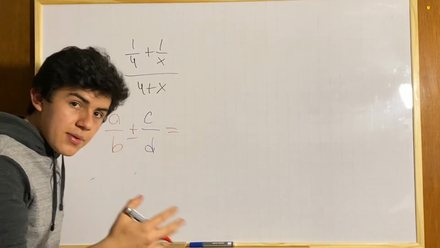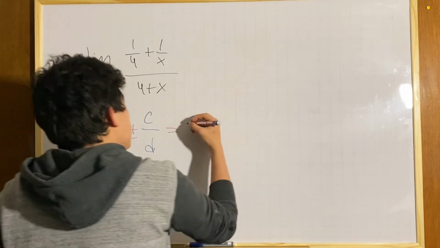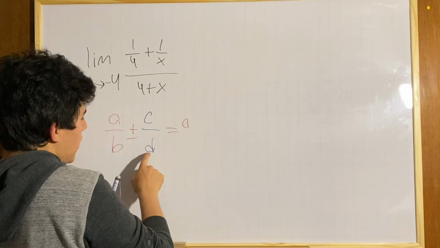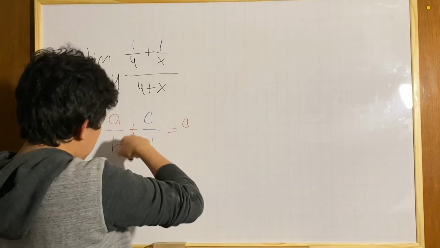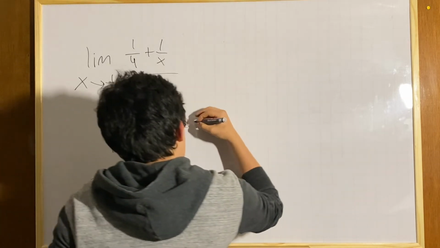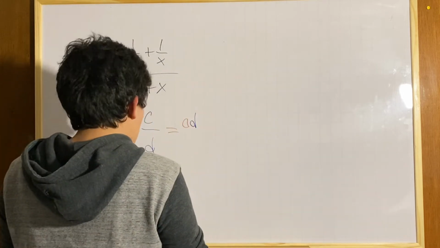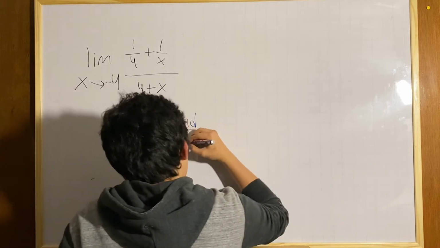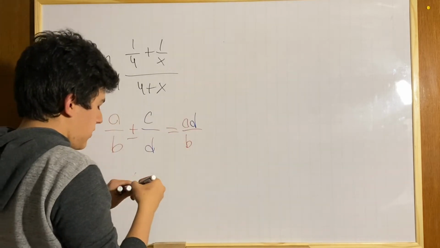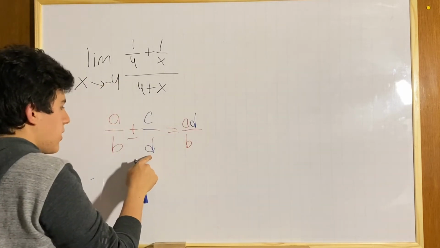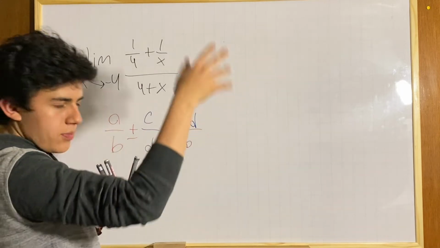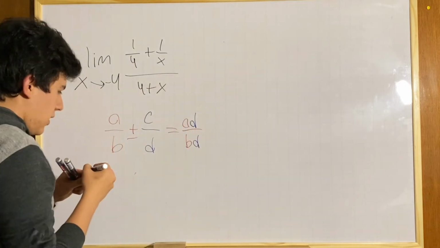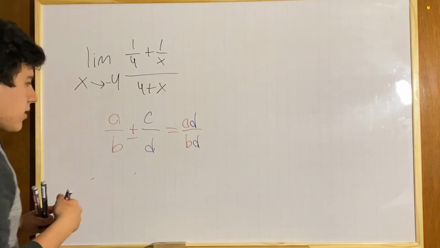So the greatest common denominator would be equal to A times D over B times D. You grab the denominator of the other fraction and you multiply it in the top and in the bottom, so you can find the greatest common denominator.